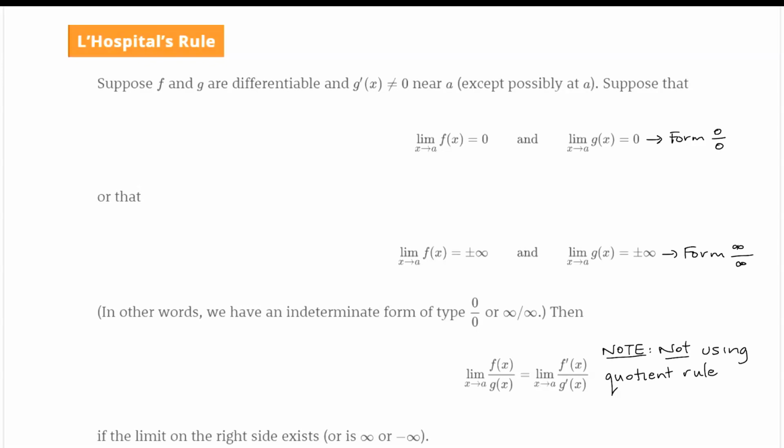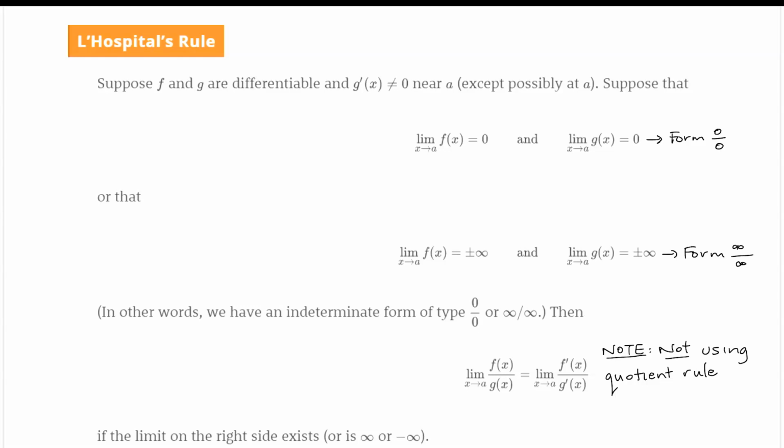And one thing I want you to notice here is that we are not, in fact, using the quotient rule. This is something that sometimes students get confused about because we've just spent all this time learning these shortcut rules for derivatives. And when we see a ratio or a quotient and we're thinking about derivatives, then we might naturally want to use the quotient rule. But this is actually inside of a limit.